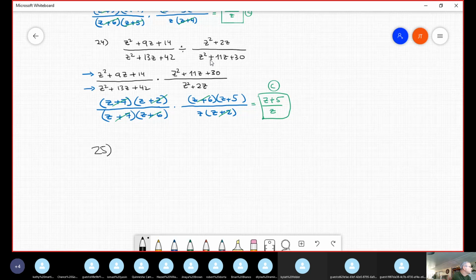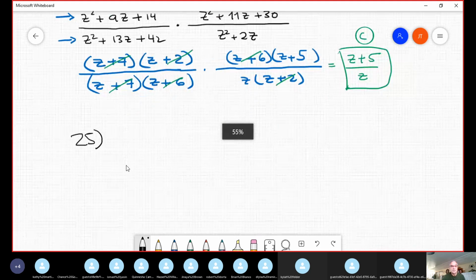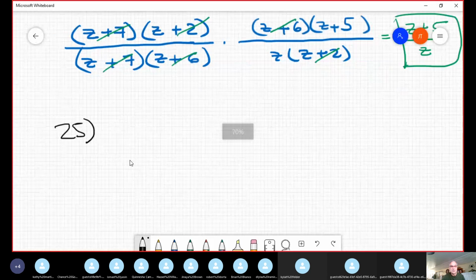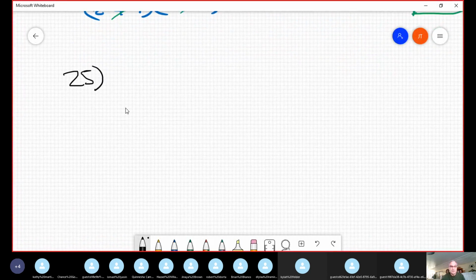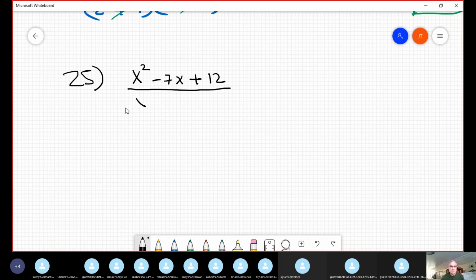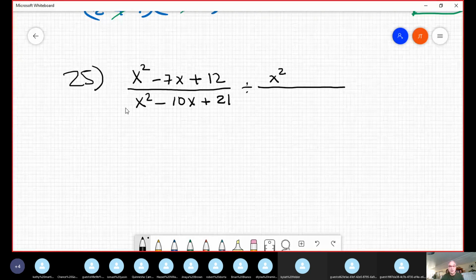Now let's practice. Problem 25 is x squared minus 7x plus 12 over x squared minus 10x plus 21, divided by x squared minus 11x plus 28.